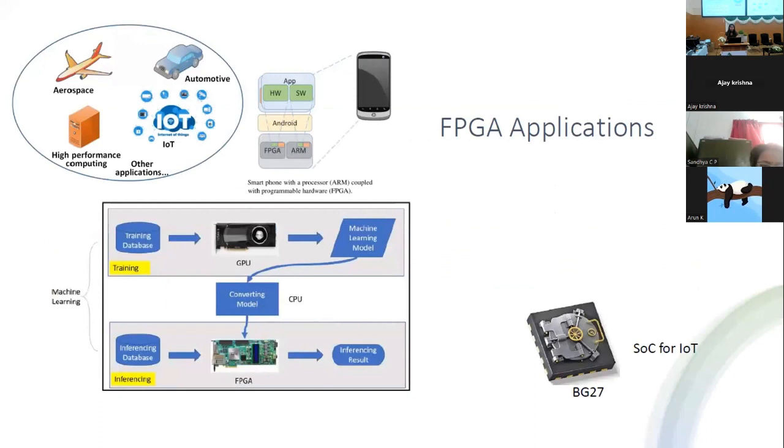So where can we find FPGA? Nowadays, FPGAs can be found anywhere, from aerospace to IoT devices. Aerospace means that in certain applications, the algorithm will keep on changing, or some security parameters will keep on changing.